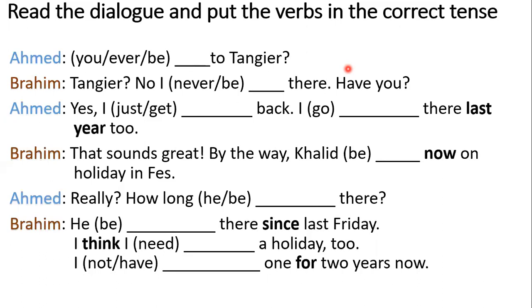Welcome back. So let's see the correction. This is a dialogue, of course, between Ahmed and Ibrahim. He's asking Ibrahim, have you ever been to Tangier? Have you ever been to Tangier?